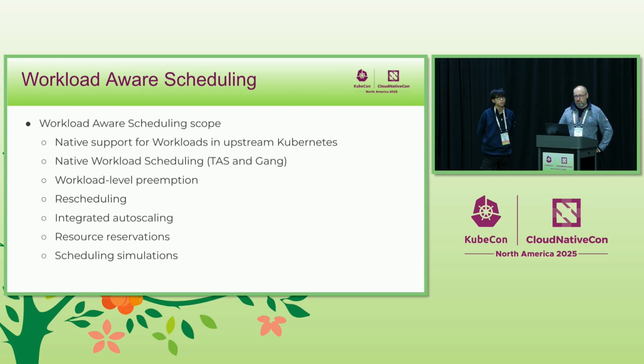Even preempting a workload doesn't necessarily mean that the whole workload needs to disappear. We are prepared for rescheduling a workload, which may mean that only some part of a workload is rescheduled. So it depends on what exactly the workload requirements are.